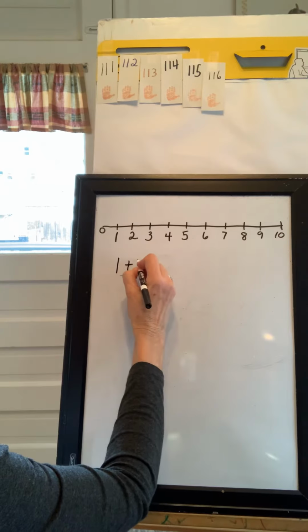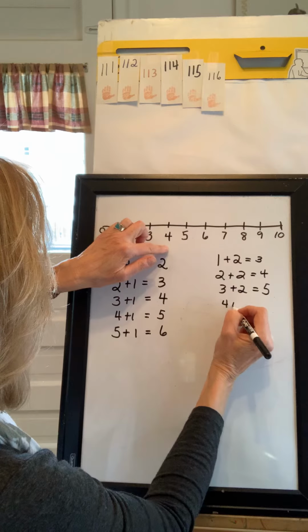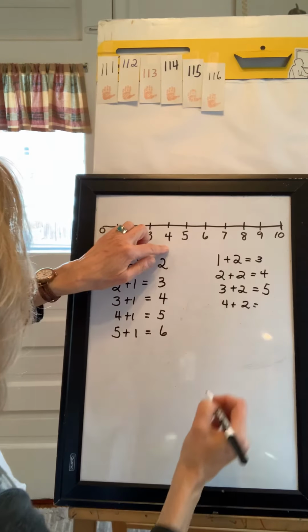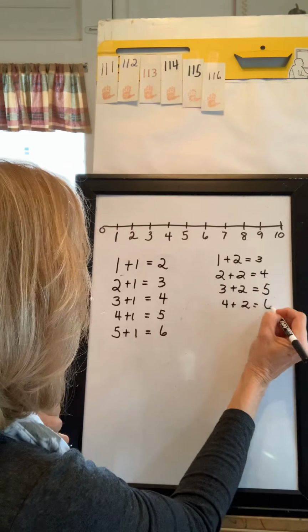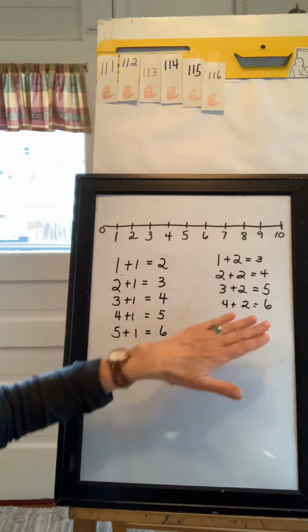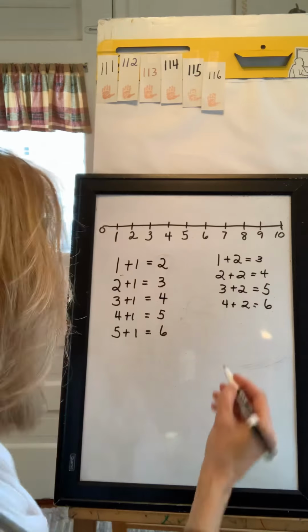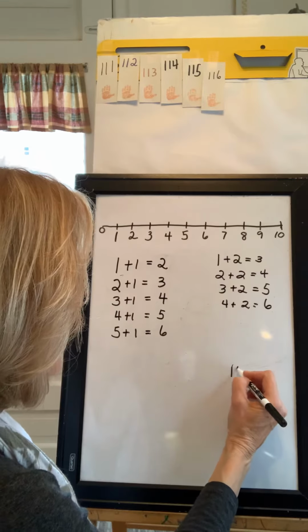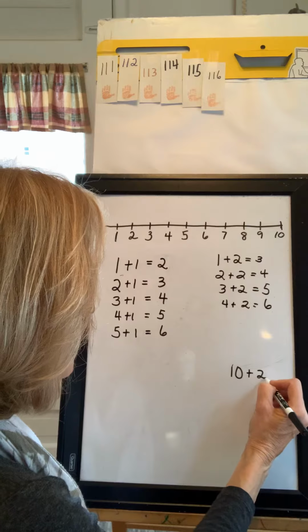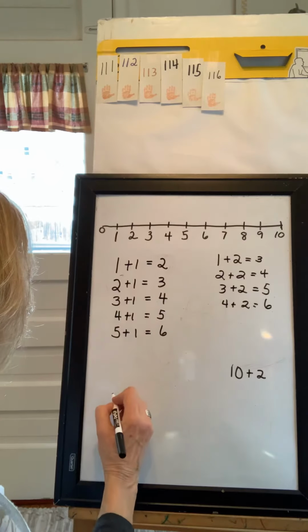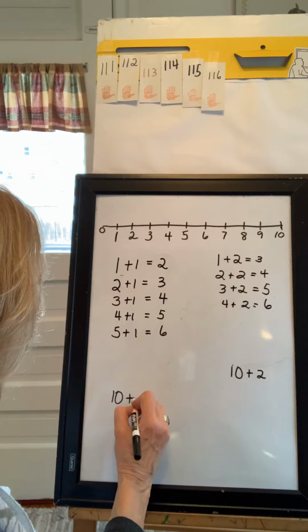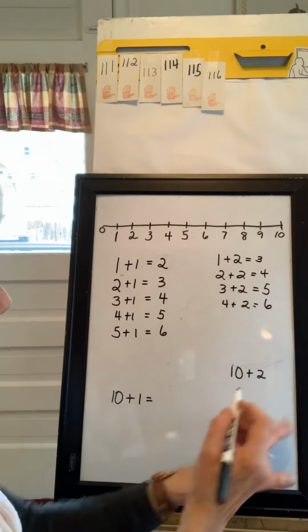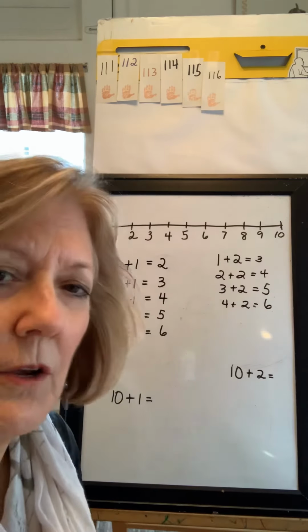Just a review. I know most of you know this. 4 plus 2, 4, 5, 6. And pretty soon you'll have it in your mind. So you keep on going all the way up till you get to 10 plus 2. And here all the way up to 10 plus 1. And you put the answer and you do that on your wipe-off board.